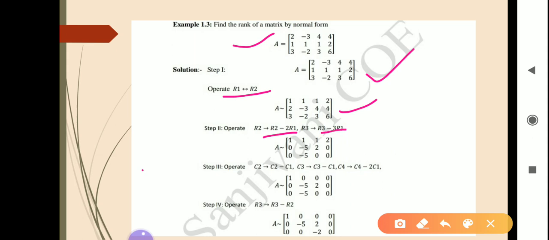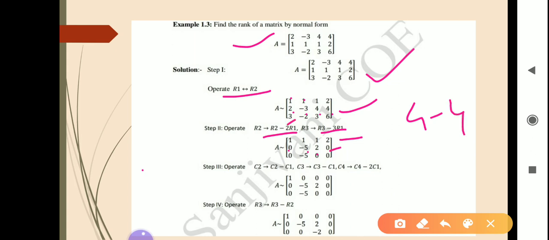So if we use this operation, then first row as it is, that is 1 1 1 2. Second row is this 2 minus 2 0 here, then minus 3 minus 5, minus 3 minus 2 minus 5, then 4 minus 2 is 2 here, and 4 minus 2 into 2, 4 हो जाएगा, that is 0.